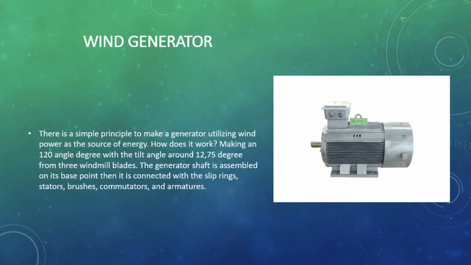However, the tension produced is AC, or alternating current, so it needs a commutator to make the stream go in the same direction. The amount of power produced depends on the windmill rotation speed, which means it is dependent on the wind gust speed.